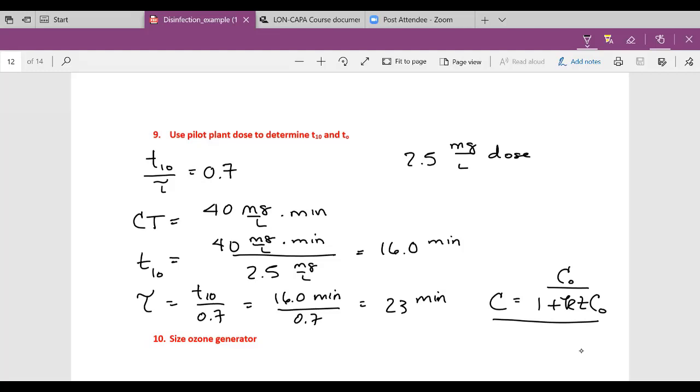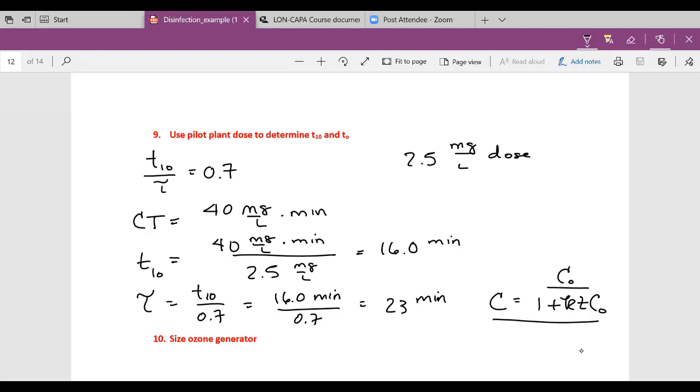So we could determine based on that, we needed 40 milligrams per liter a minute. We divide that by this initial dose, and that gave us a T10 of 16 minutes.